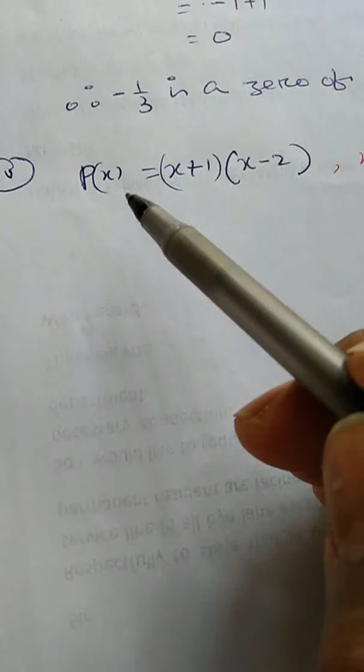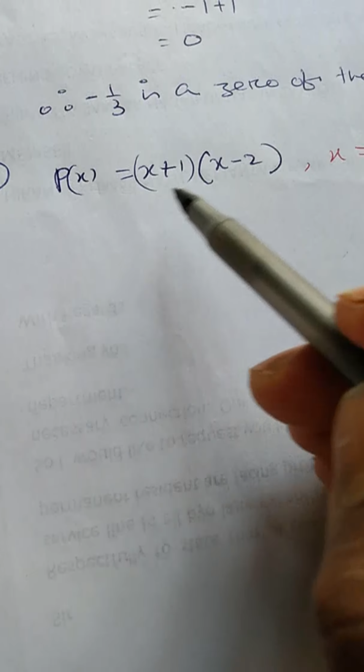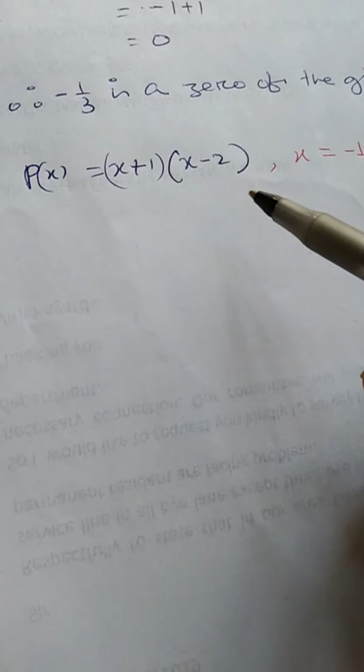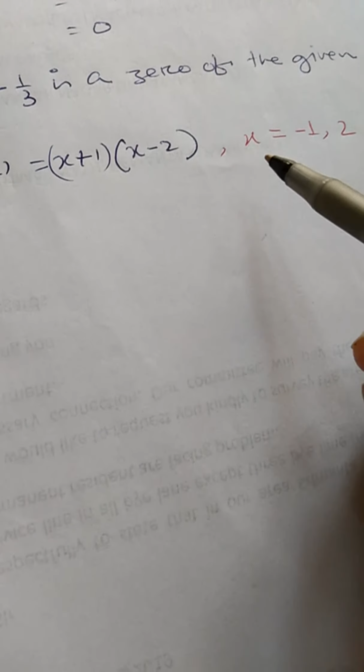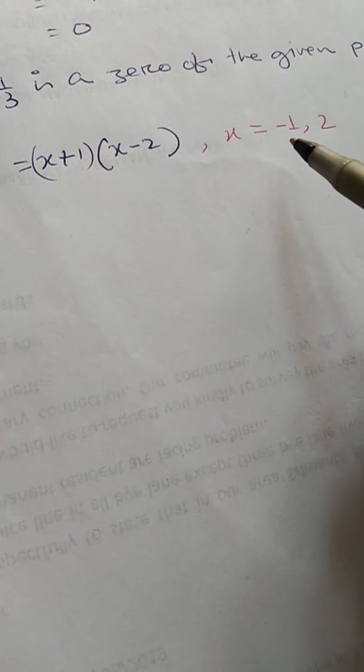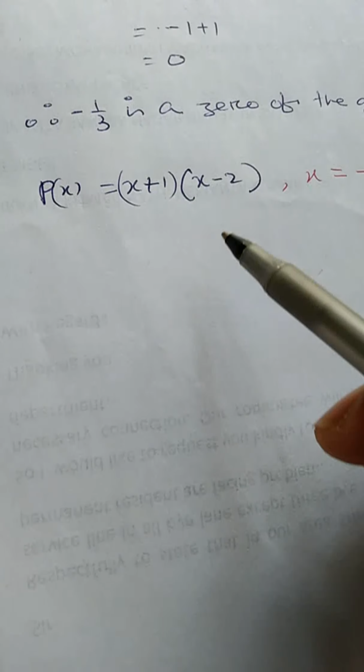In the fourth one, the polynomial is given p(x) = (x + 1)(x - 2), and here x is given as minus 1 and 2. So two values are given. We have to verify for both whether they are zeros of this given polynomial or not.